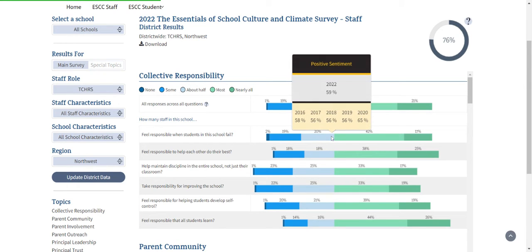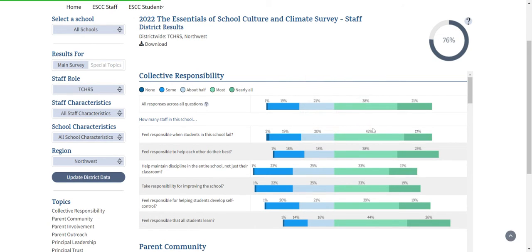When you hover over the question, a really big improvement for this dashboard is it allows you to see historical trend data very easily. So in this case, positive sentiment is defined as feeling that either most staff or nearly all staff feel responsible when students in the school fail.